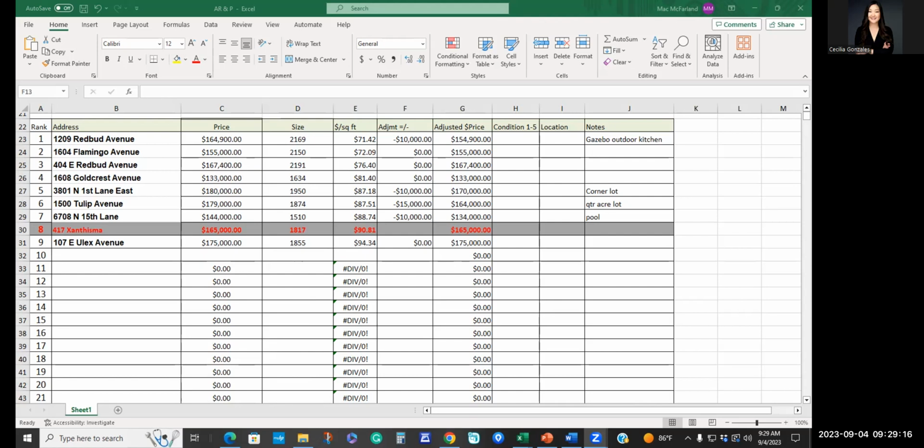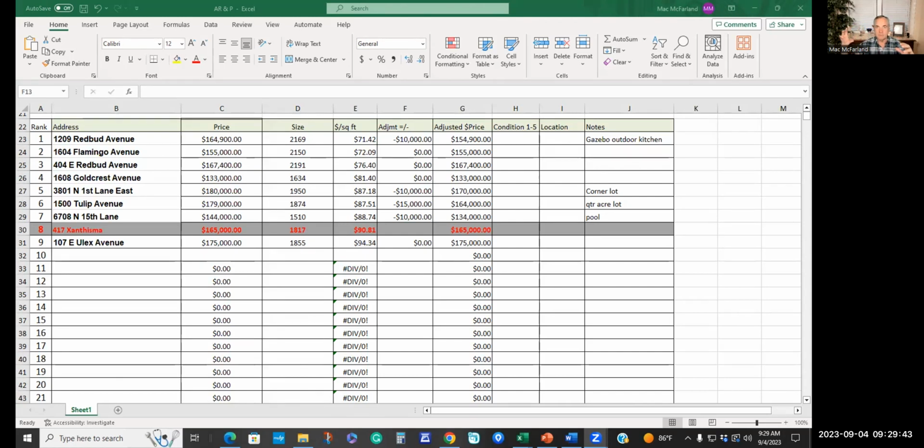Okay, but what kind of adjustment would it be if the subject property is smaller than the comp? We're gonna have an adjustment, but what type of an adjustment? Dollar amount. Right. Awesome.